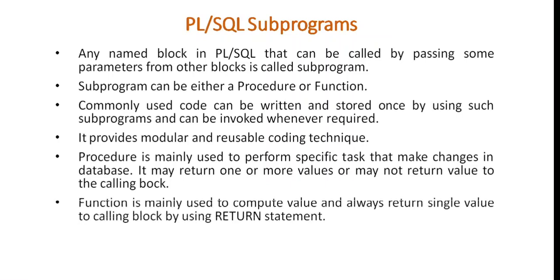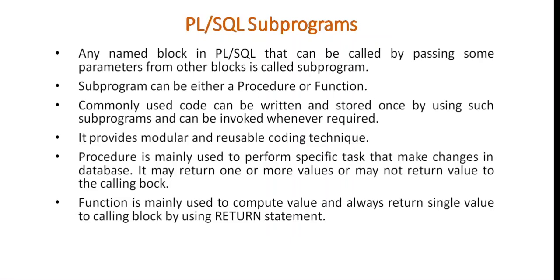Whereas a function is mainly used to compute some value, and a function always returns a single value to the calling block by using a return statement. See, the difference between procedure and function is this: a procedure is used to perform some task to change the state of the database, whereas a function is mainly used to compute some value.